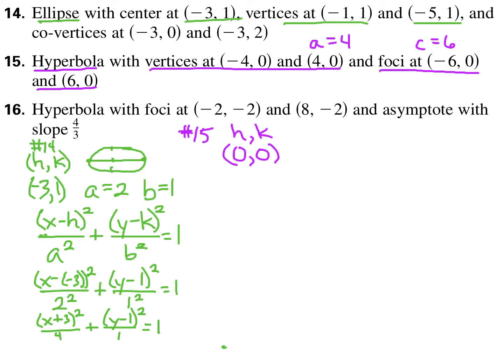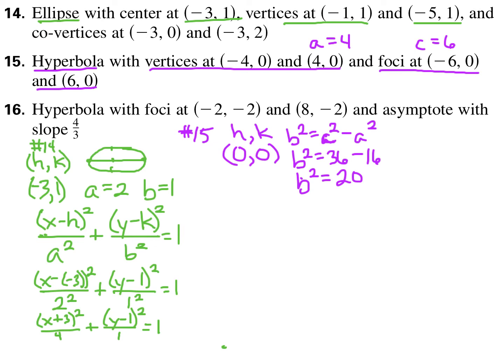And my relationship between a, b, and c, because I need b here, is c squared is equal to a squared plus b squared, or if I rewrite that, b squared is equal to c squared minus a squared. So b squared is equal to 36, since c is 6 and 6 squared is 36, minus 4 squared, which is 16. So that means that b squared is equal to 20.